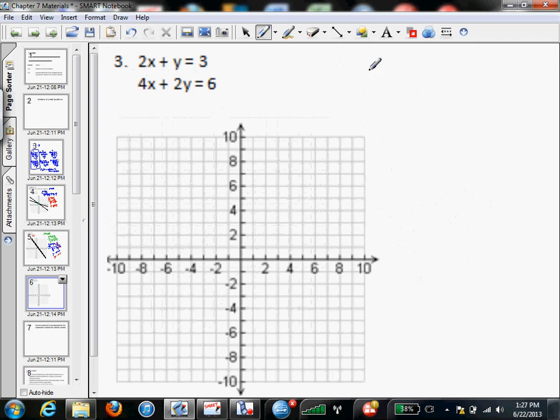Okay, and finally, let's take this last example and put it in y equals mx plus b form and then graph. So we have 2x plus y equals 3. And let's start off by subtracting 2x on both sides.